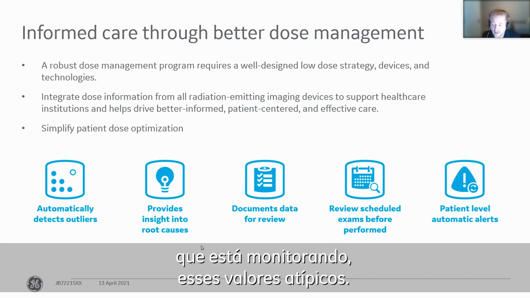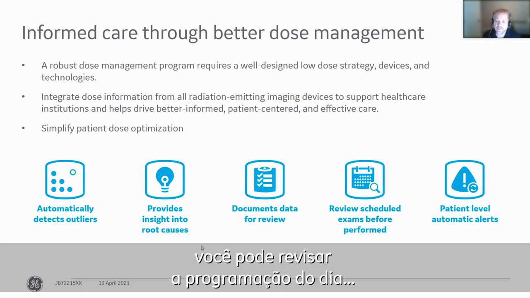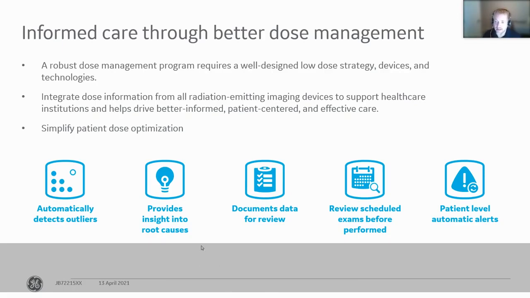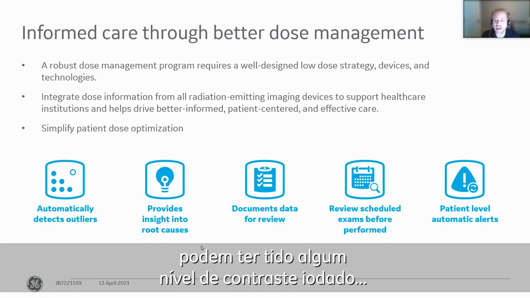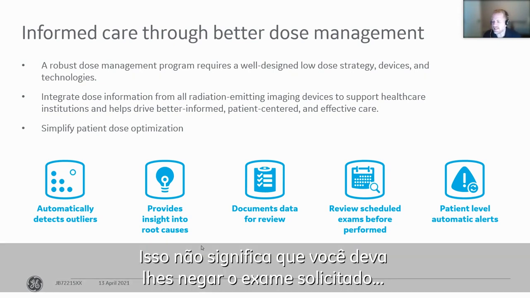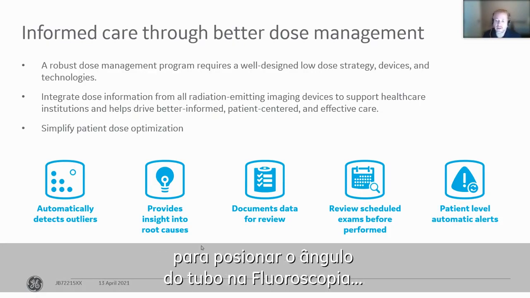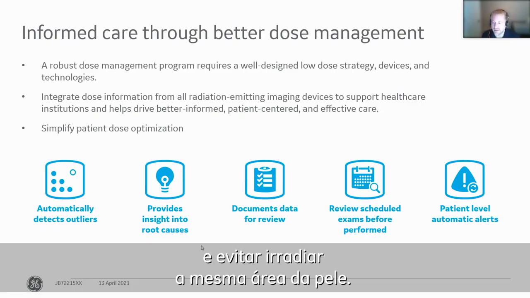In some cases, with some systems, you can actually review the schedule of the day and see which patients are coming up that may have had quite a bit of iodinated contrast or had a very high dose procedure recently. That's not to say that you should deny them the imaging that's been requested, but perhaps there's a slightly different way you could angle the tube in fluoro so that you don't irradiate the same patch of skin, right?